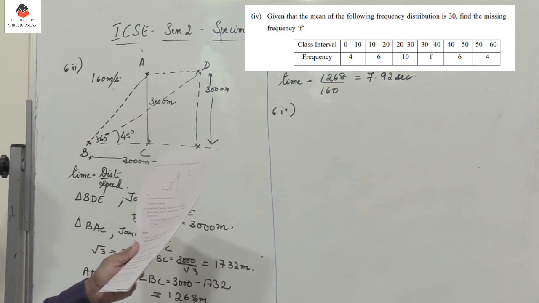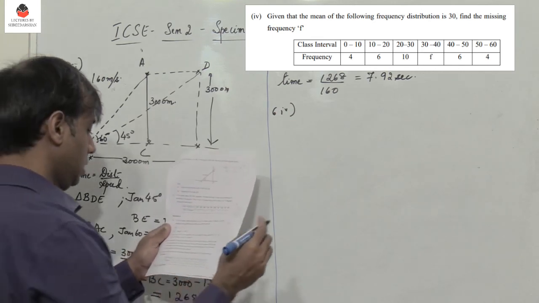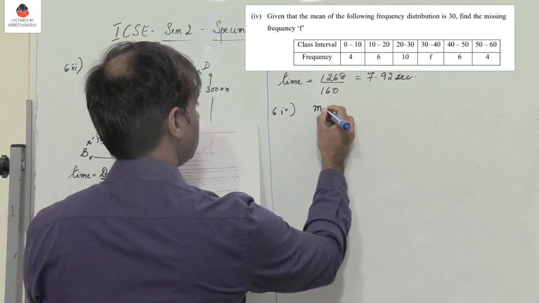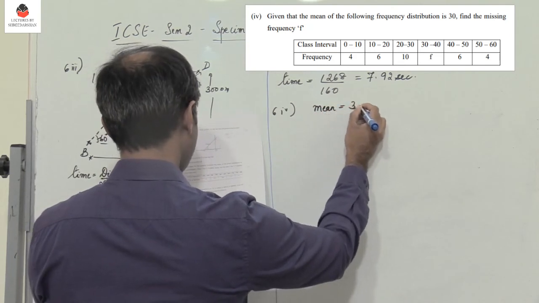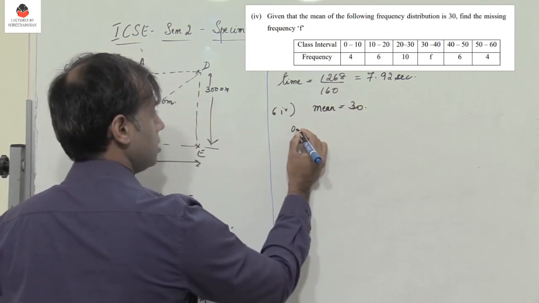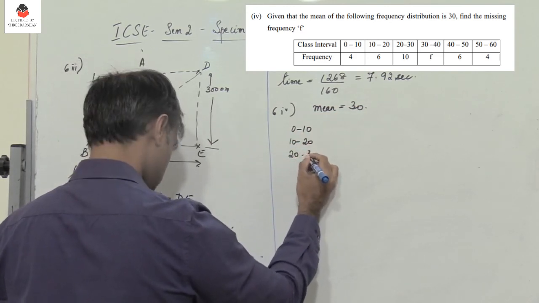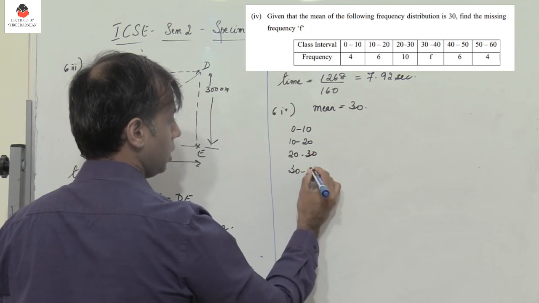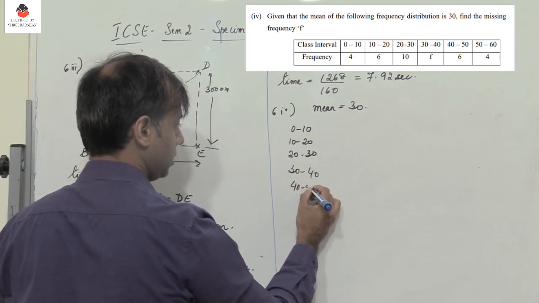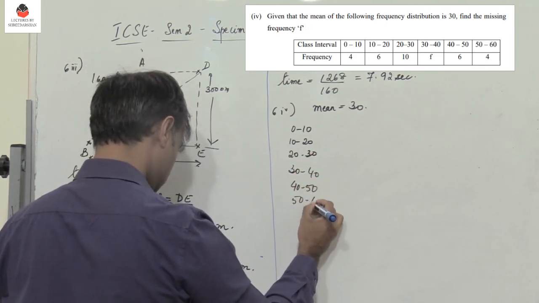Given that the mean of the following frequency distribution is 30, find the missing frequency. So mean value is 30. So you have the class interval 0 to 10, 10 to 20, 20 to 30, 30 to 40, 40 to 50, 50 to 60.